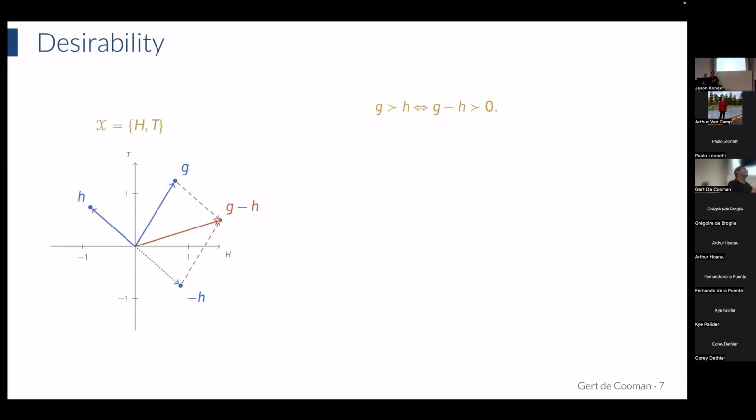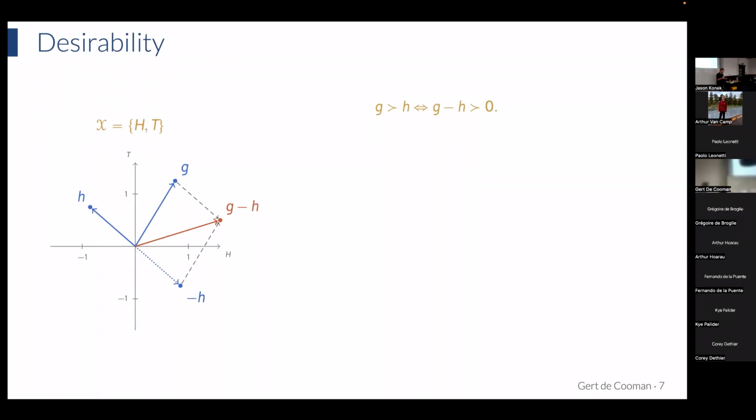Okay, so how do we get from this ordering to a notion of desirability? Well, quite simply, because of the vector property, the compatibility with vector addition. If the gamble G is greater than H, then I can add minus H to both sides without changing the order.